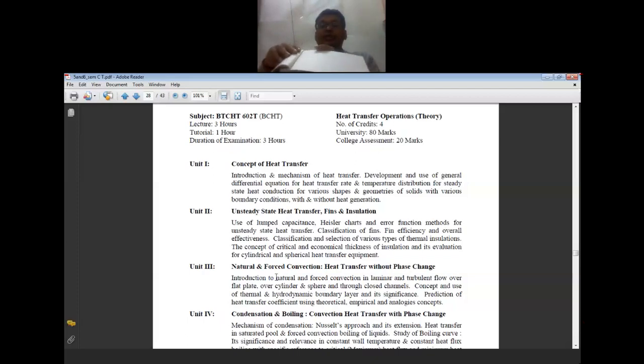If this is the plate, how the fluid is going to pass, what will be its velocity, what will be its temperature gradient, what will be the temperature on the wall surface, then at this point what will be the temperature, at this point what will be the temperature. So I am going to calculate the temperature gradient over that plate.